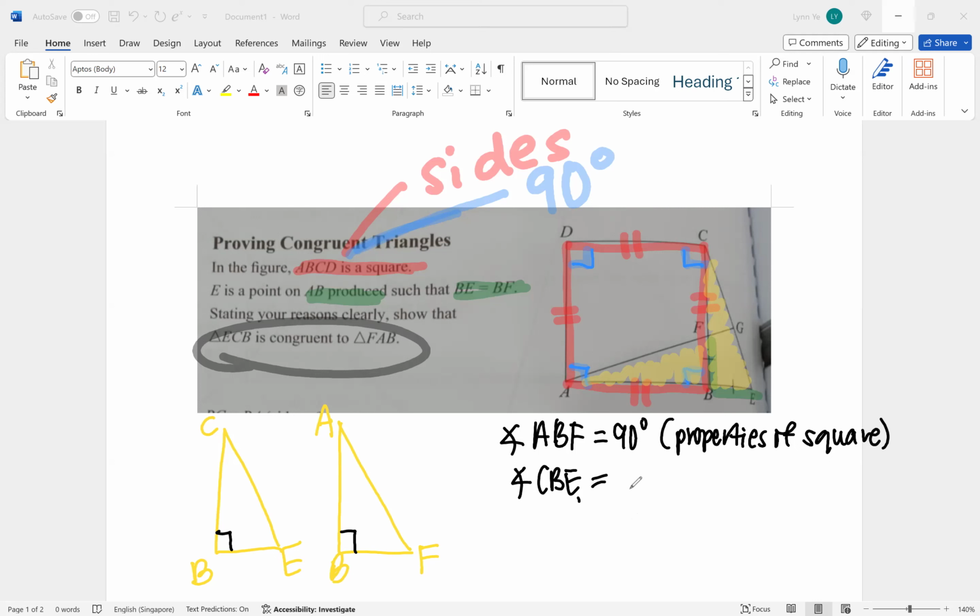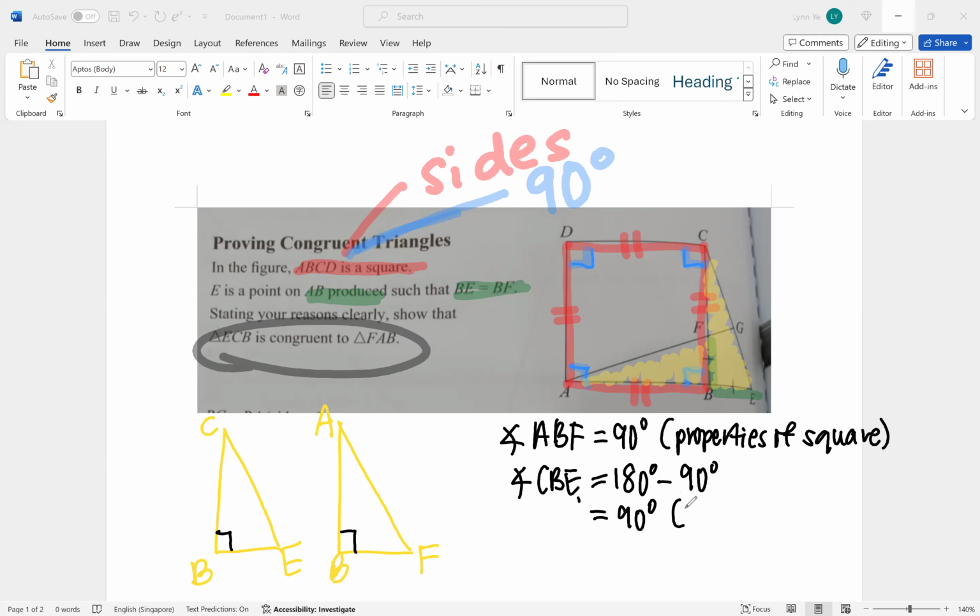Very good. Angles on a straight line. So what's the working? 180 minus 90 is equal to 90. That is the proper way. And then I write down what? What property?